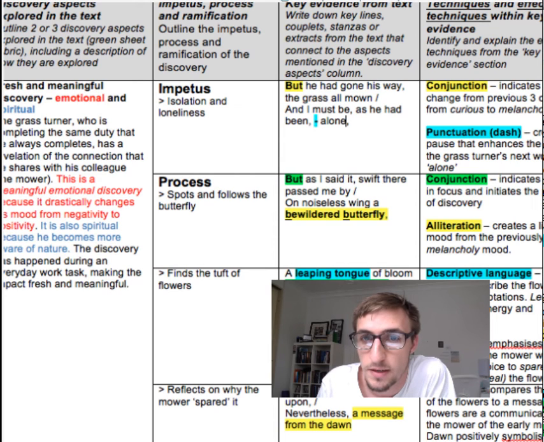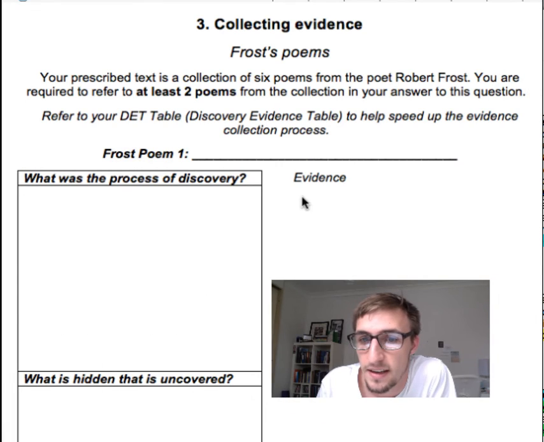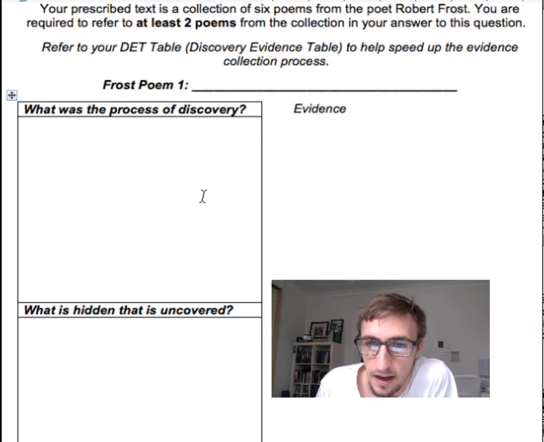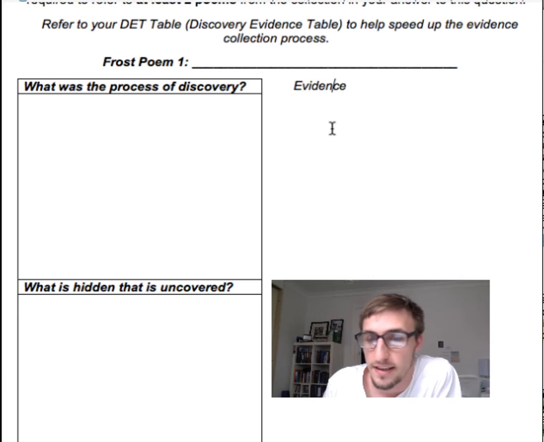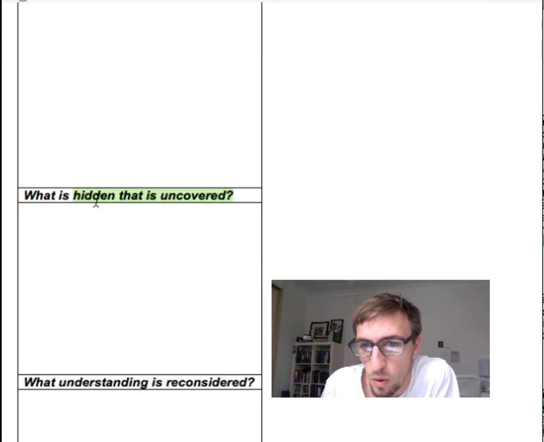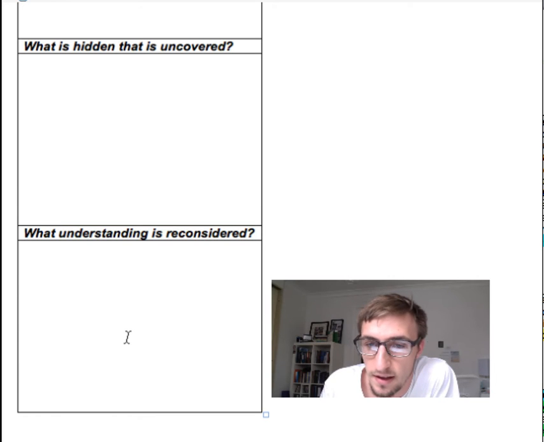So for me, it would just be a matter of slotting them into place. But for you, no matter where you're up to with the discovery evidence table, you need to fill in the evidence that you're going to be using and how it supports the process of discovery, what is hidden that is uncovered, the tuft of flowers, for example, and what understanding is reconsidered, his feelings of being connected to mankind.